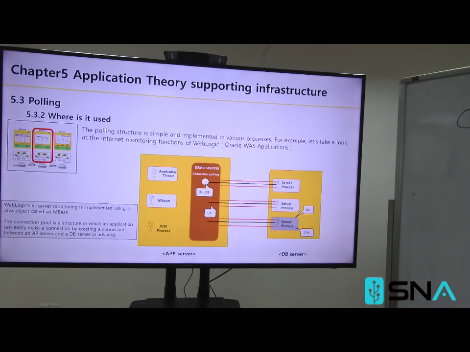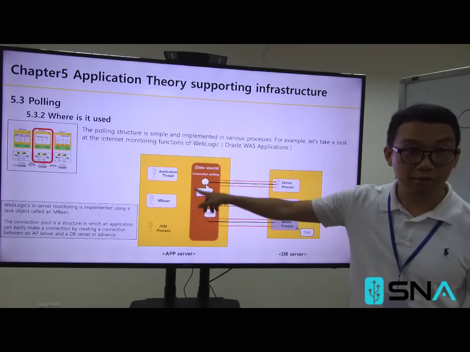You can understand this. A connection pool is a structure in which an application can easily make a connection, by creating connections between the application and the DB in advance. So, yeah, this is connection polling.